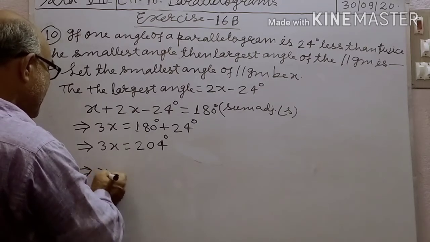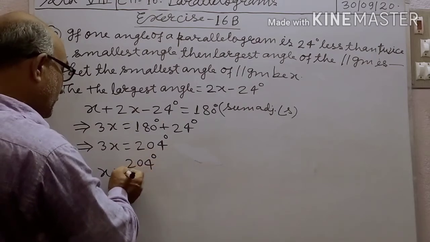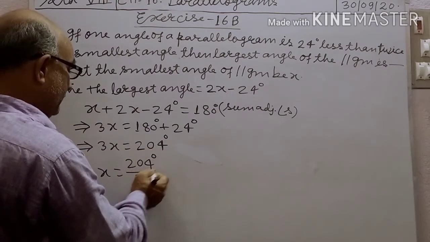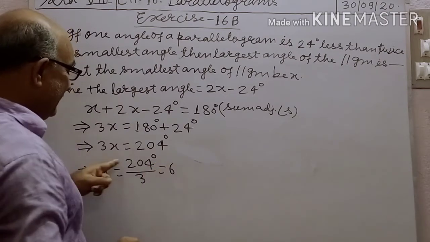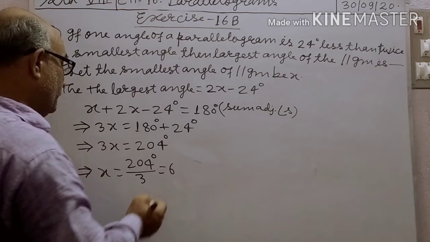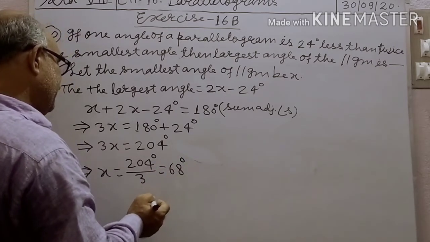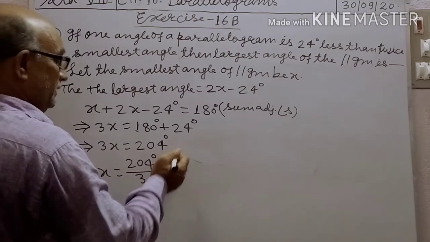That implies x equal to 204 degree by 3 equal to 68 degree. The value of x is 68 degree.